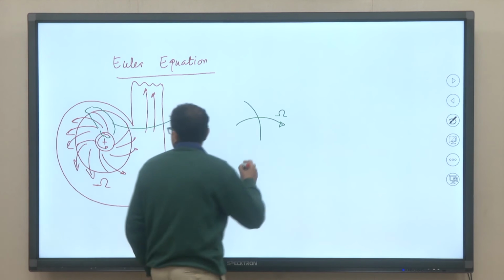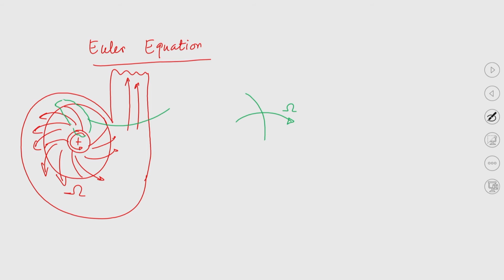Now if we draw the velocity triangles at the inlet and outlet, this is U2, this is C2, this is W2, this is beta 2, this is alpha 1, this is beta 1, this is alpha 2.